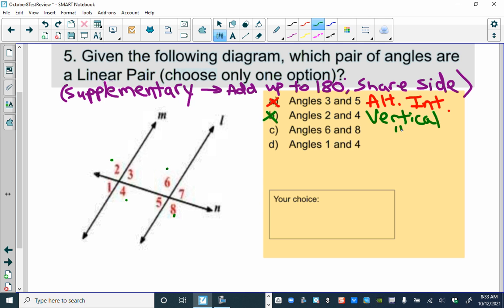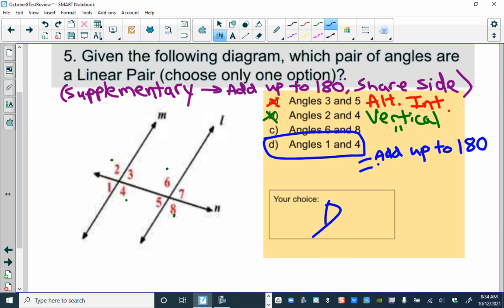What about 1 and 4? 1 and 4 will work, because they add up to 180 and share a side. So 1 and 4 would work. Questions?